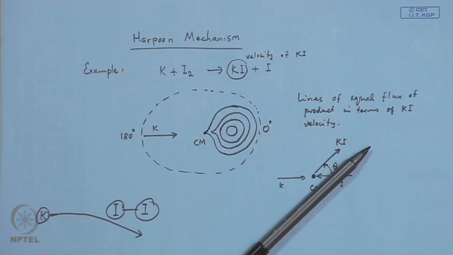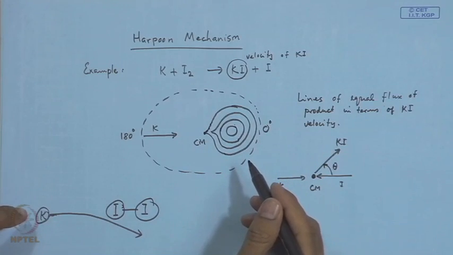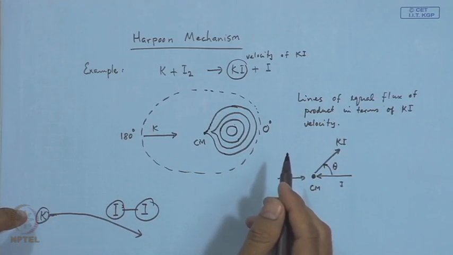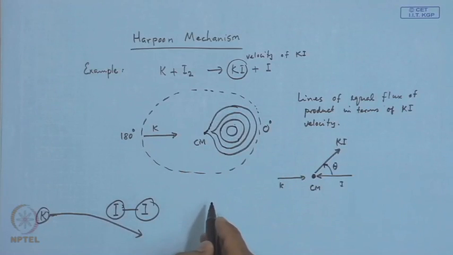So what can you say about this harpoon mechanism? It has a large cross section for the reaction, like many other alkali halogen reactions. It gives you forward scattered product like this. Okay, this is the characteristic. Low energy release into translation.